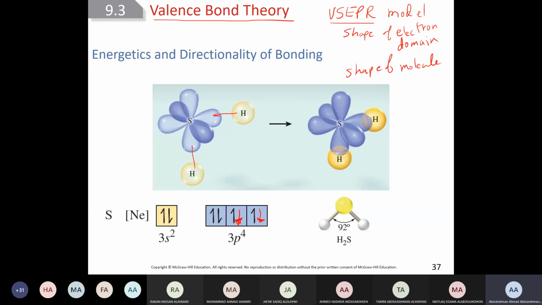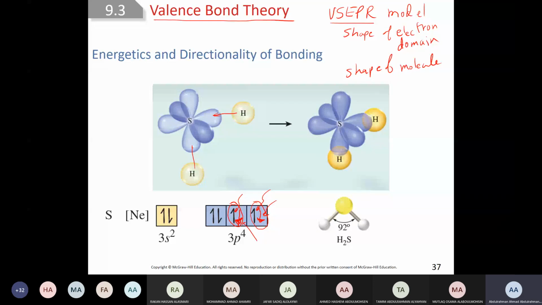This way, we're going to have a bond between the sulfur and hydrogen in here, sulfur and hydrogen in here, by sharing the black electron coming from the sulfur, and the red electrons coming from the hydrogen.